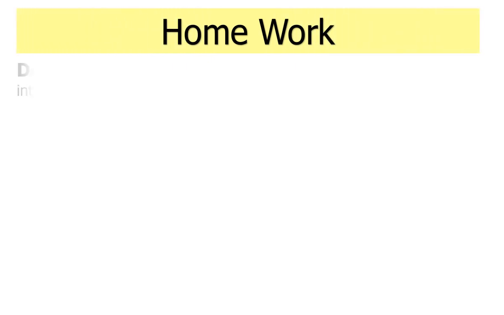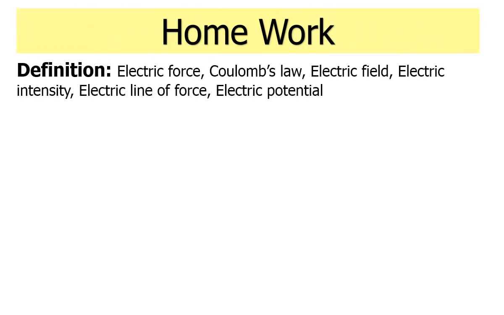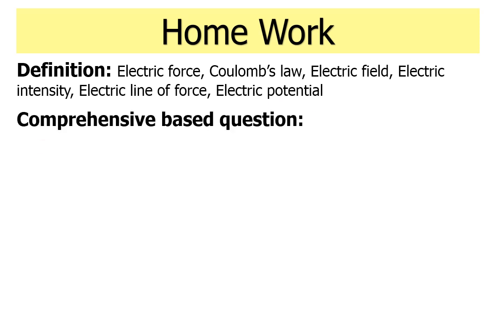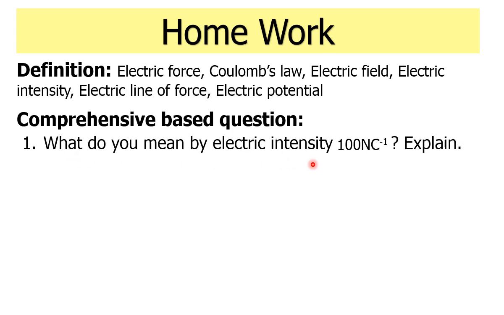So, our today's homework is the definitions from today's lecture. The definitions are electric force, Coulomb force, electric field, electric intensity, electric line of force, and at last electric potential. Comprehensive based questions: What do you mean by electric intensity 100 Newton per Coulomb?